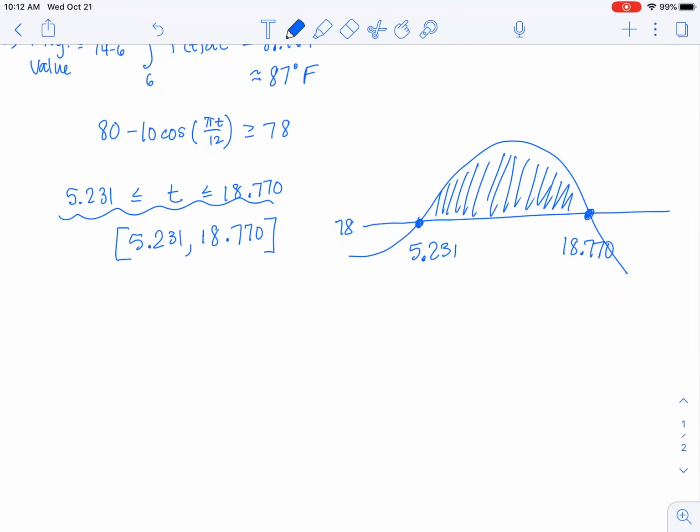So we want to get the accumulation. When it says accumulate, that means area.